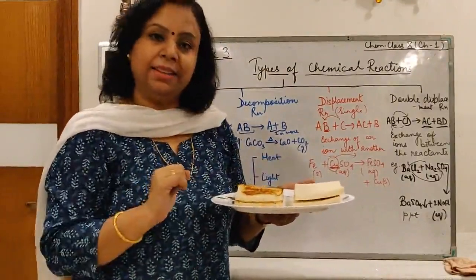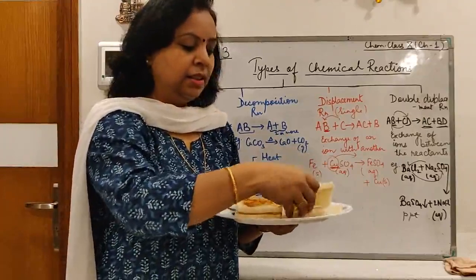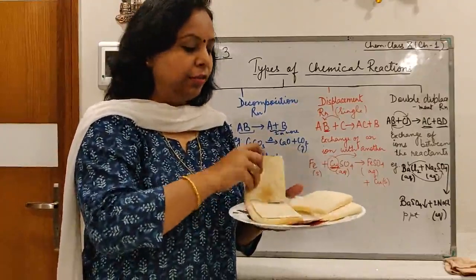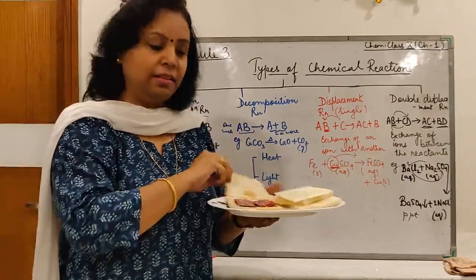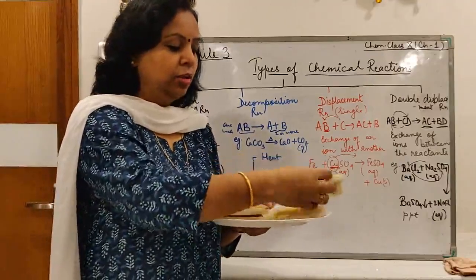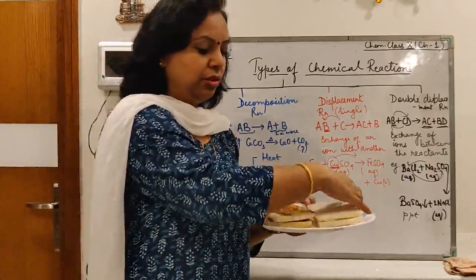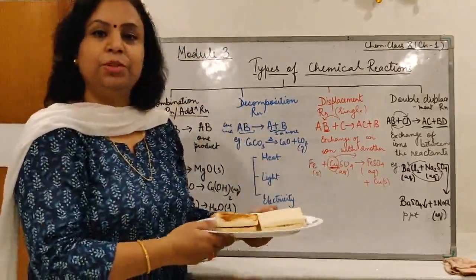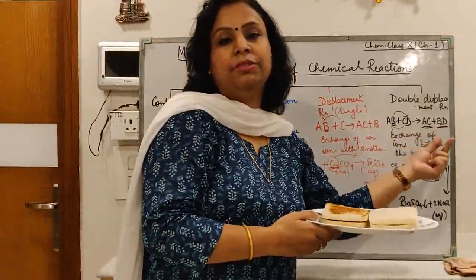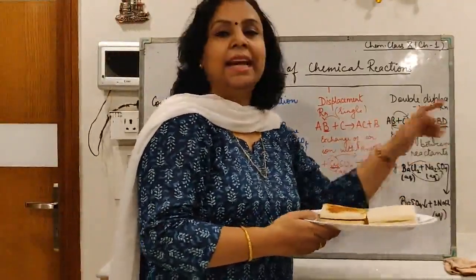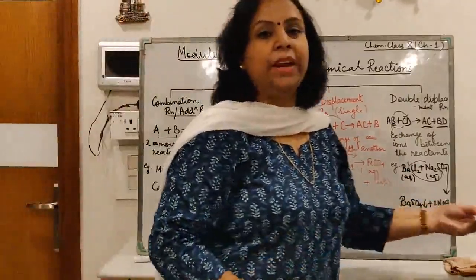These are the two reactants. The tomato from the untoasted one is coming here in the toasted sandwich, and the cheese is coming into this white bread. So now we have entirely different combination of products, AC and BD.